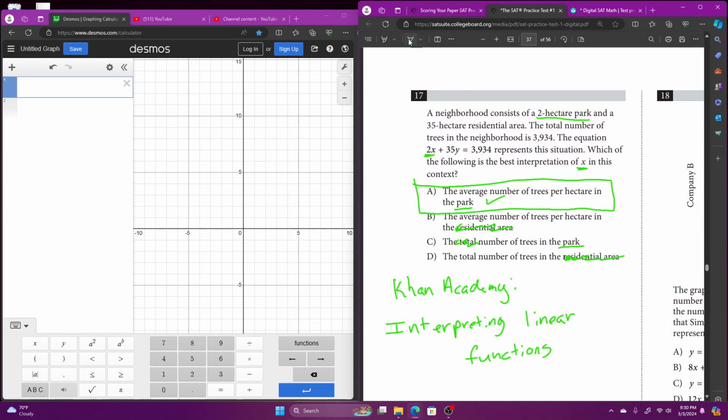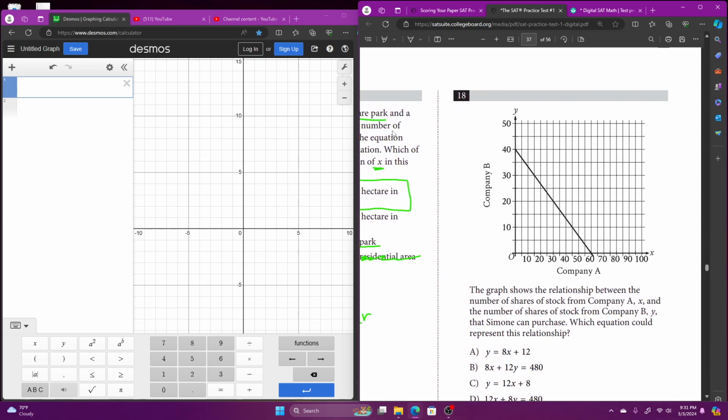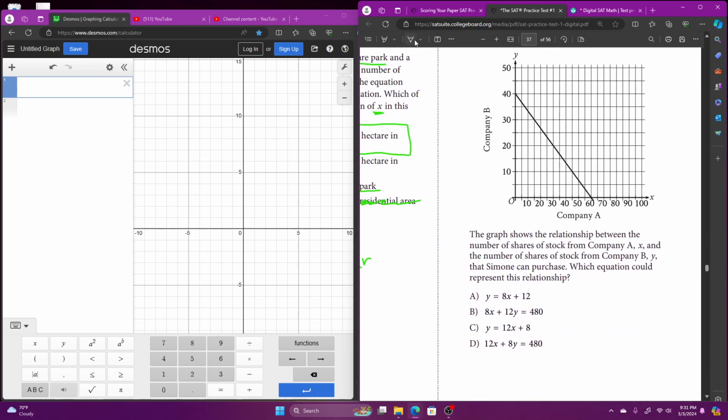And then question number 18 says, the graph shows the relationship between the number of shares of stock from company A, x, and the number of stock from company B, y, that Simone can purchase.